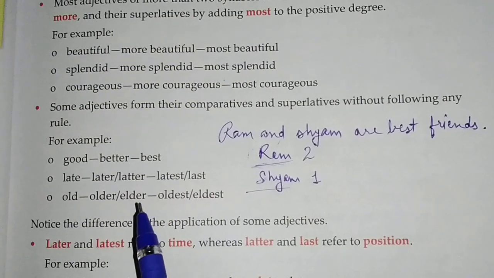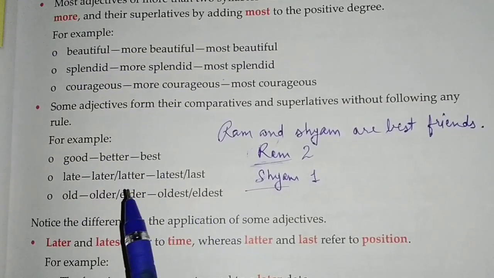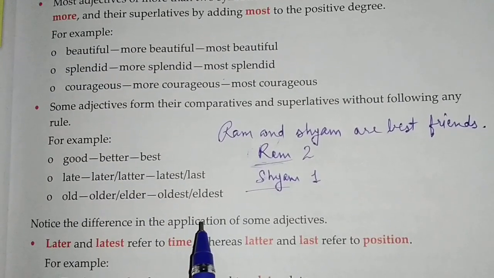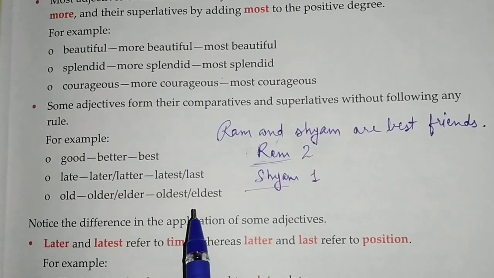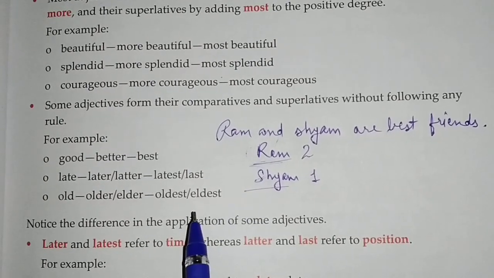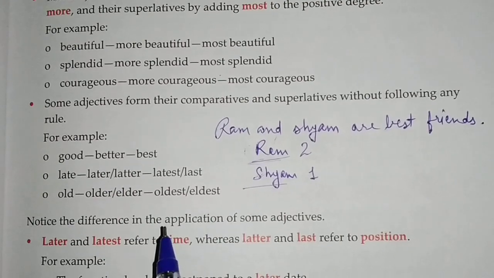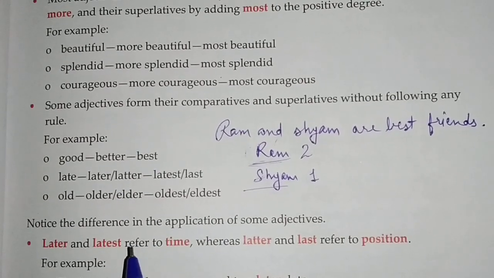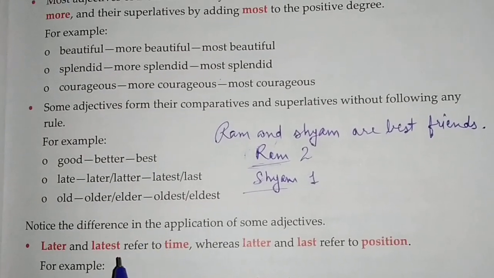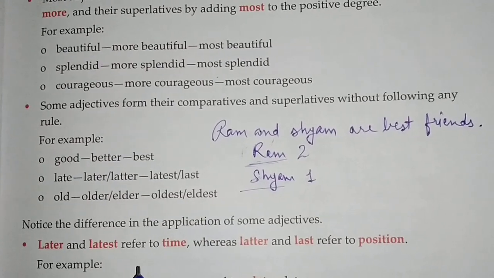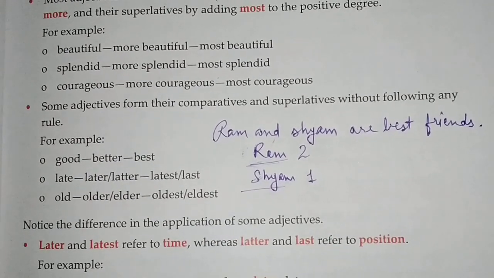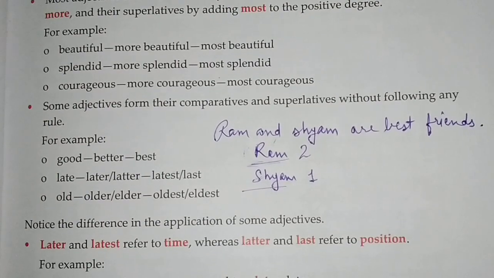While these words elder and eldest are used only in the case when we refer to a person, not things. For example, I say he is my older brother, sentence is correct. He is my elder brother, then also sentence is correct.